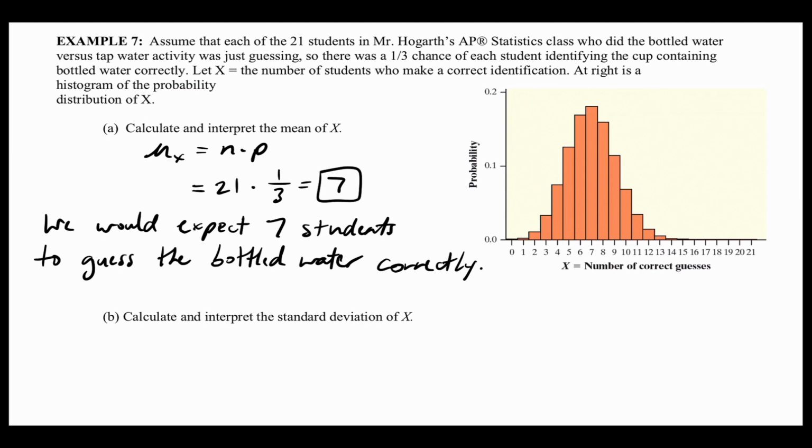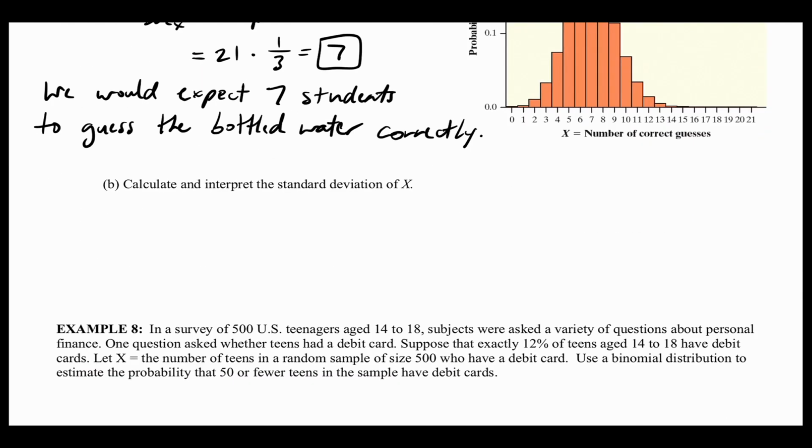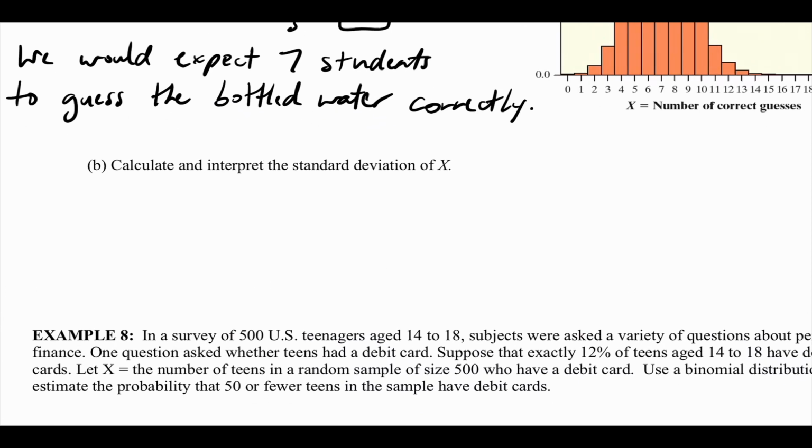No? Okay. Fixed number of trials? 21. And last one, is the success always the same probability? 1/3? Okay. That's what we should always do first. I just skipped that part.